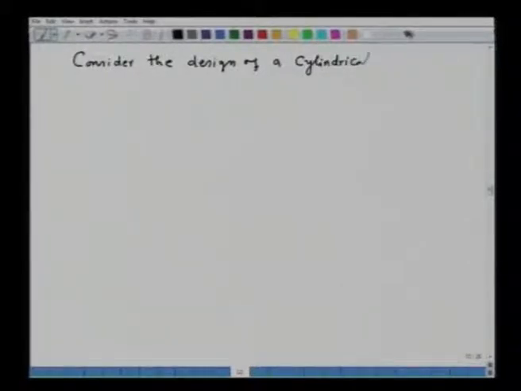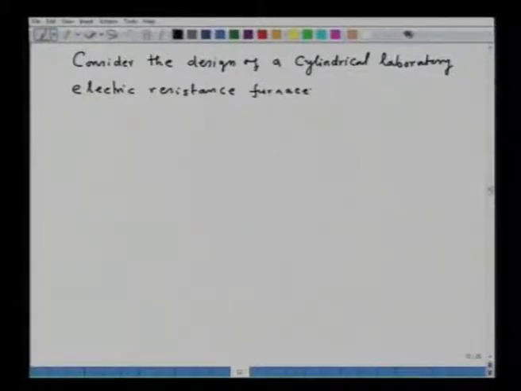Now, let us take another example. Consider the design of a cylindrical laboratory electric resistance furnace that you must have done in your courses, because for heating of material in the laboratory, we always use tube furnaces.